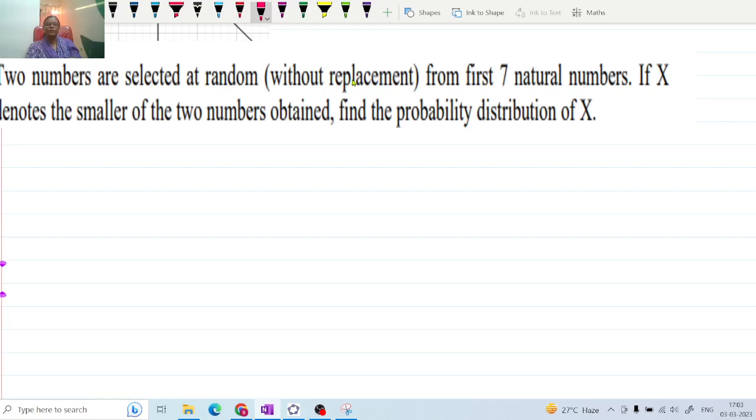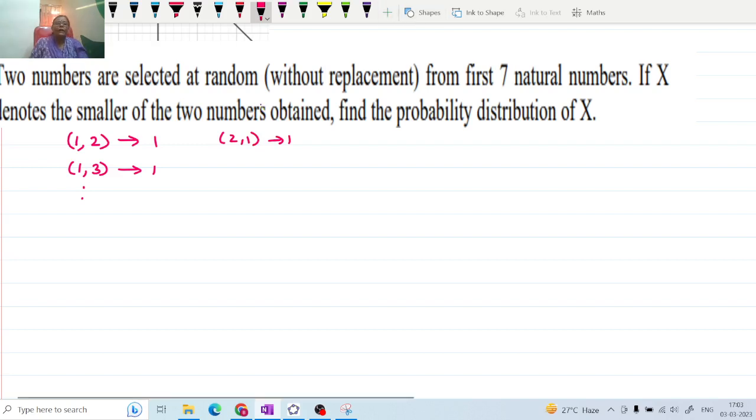Hence, without replacement means that 1 will not be repeated when you take up the 2 numbers. So you will have to find out the minimum of the combination of numbers that you have. So how should you go about it? If you take the first number as 1, then the next number could be 2, and the minimum of it is 1. The next is with the same number 1, minimum of it is 1. So don't you think that it is going to take time? Because it can be 2, 1, minimum is 1. So this method is going to take a little longer time.